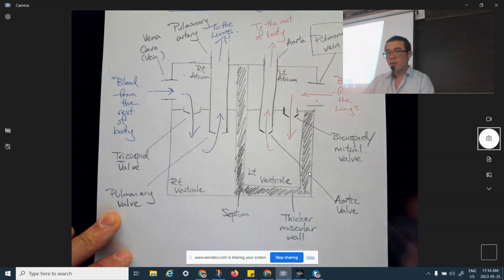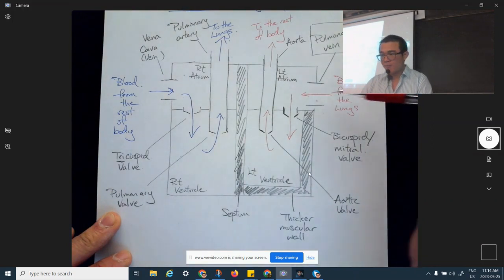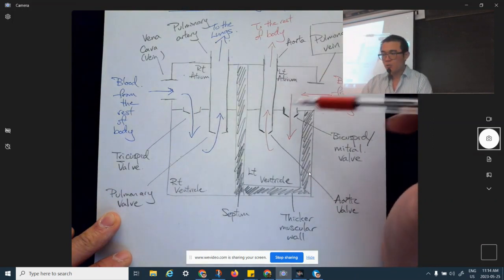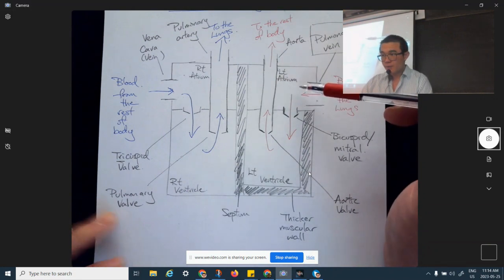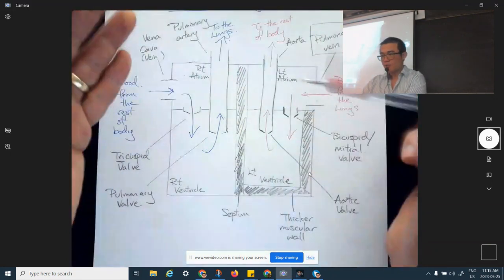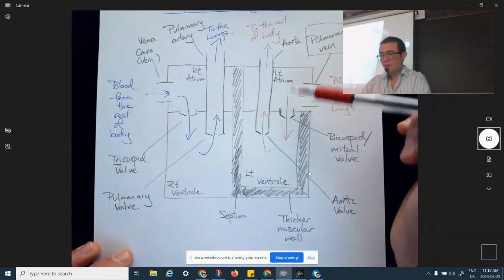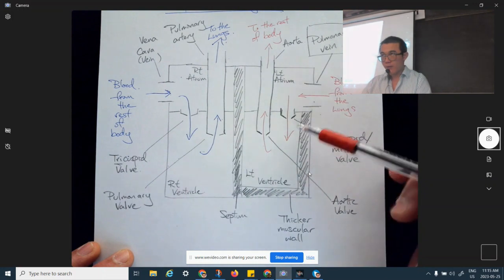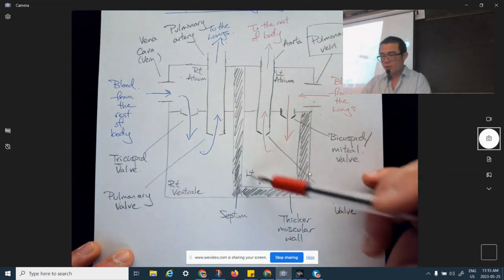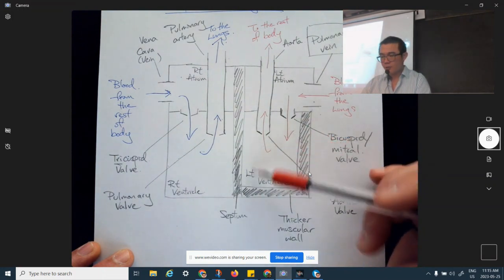Afterwards, blood that is oxygenated will come back from the lungs into the heart through the pulmonary vein into the left atrium. When the atrium contracts after it pulls the blood, it goes down through the bicuspid valve or the mitral valve into the left ventricle.